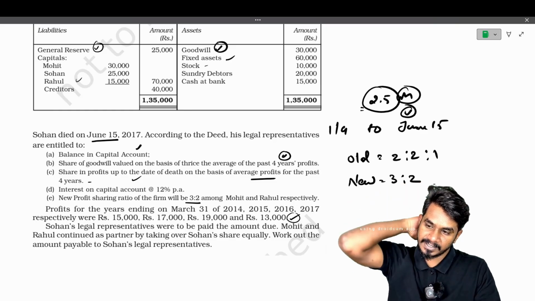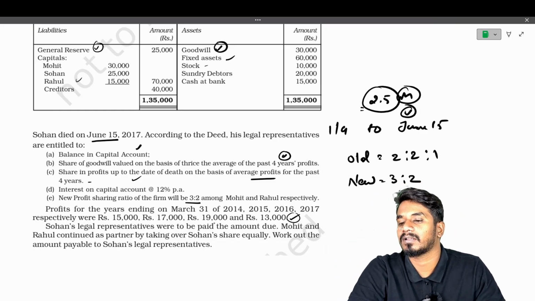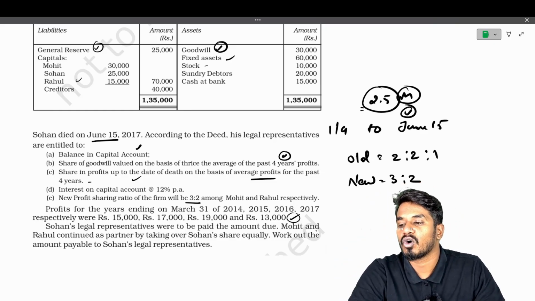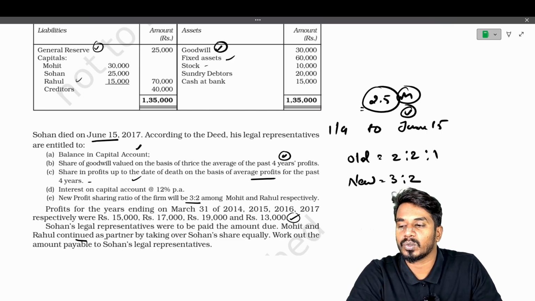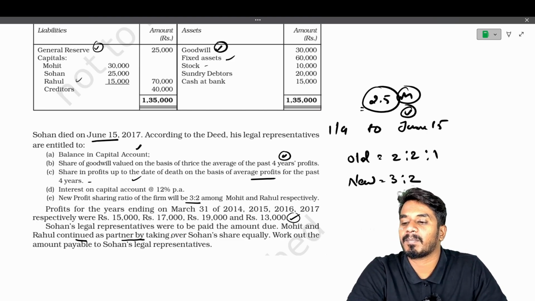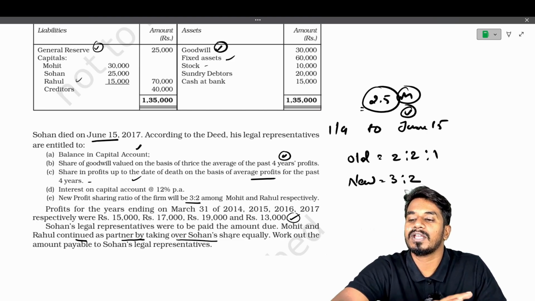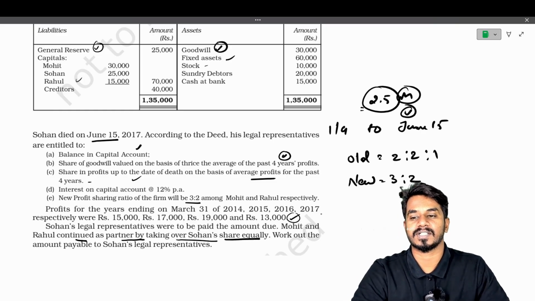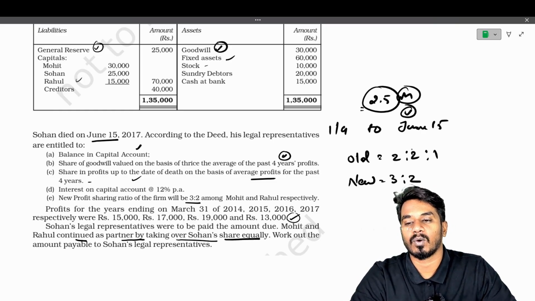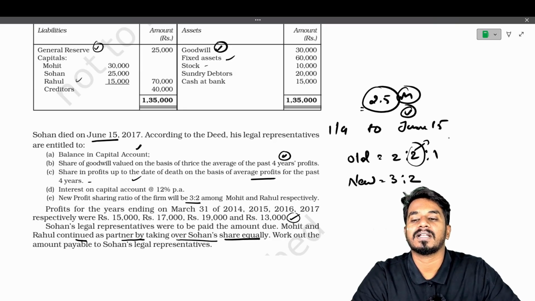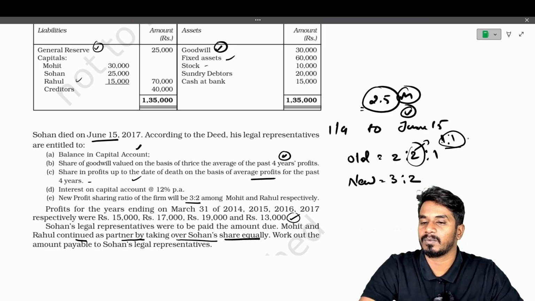Sohan's legal representative were to be paid the amount due. Mohit and Rahul continued as partners by taking over Sohan's share equally, which means whatever share was given to Sohan, they were taking in 1 is to 1, which means equal ratio.